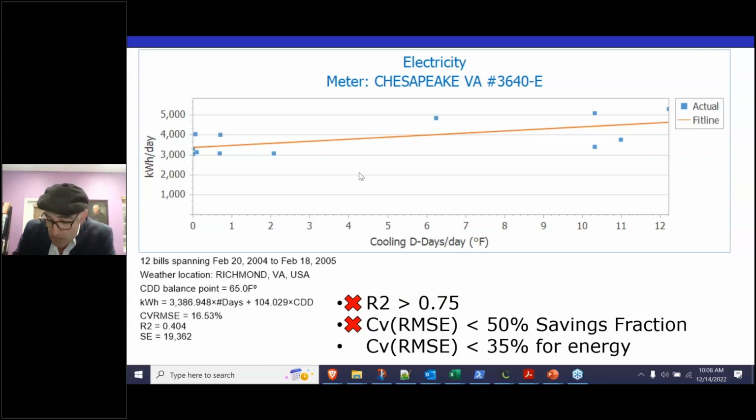I'll talk about it again in a little more detail, but the CVRMSE is a measure of scatter. It kind of means that the average bill is about 16.5% off from the fit line. The R squared value is lower than 0.75. It's 0.4, so it's a really lousy fit, and this is a fit you would throw out.